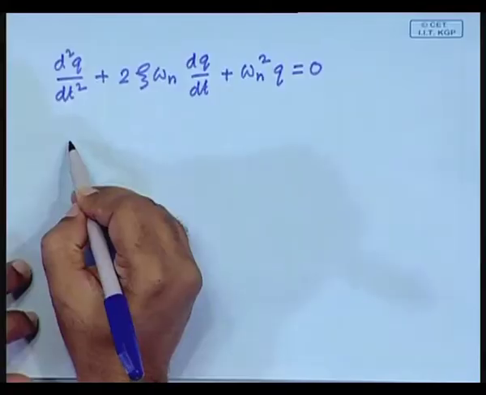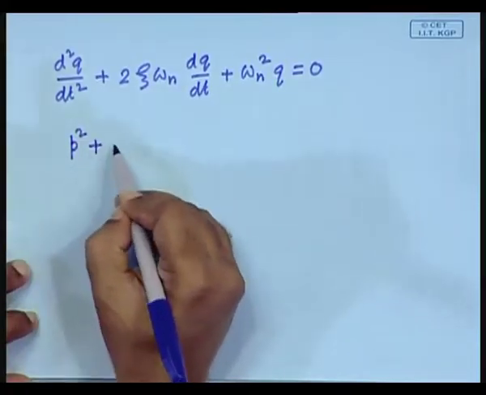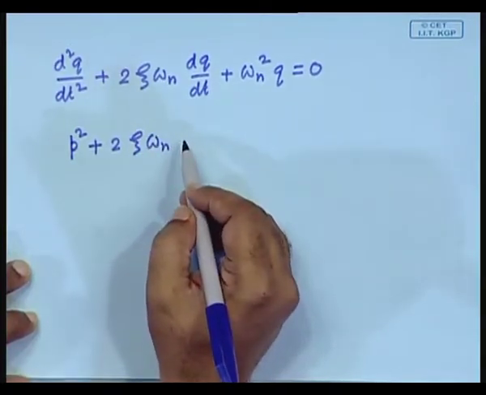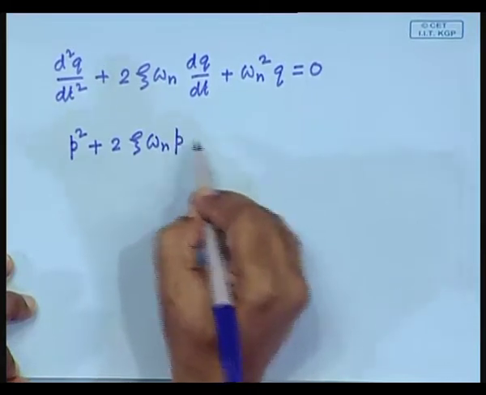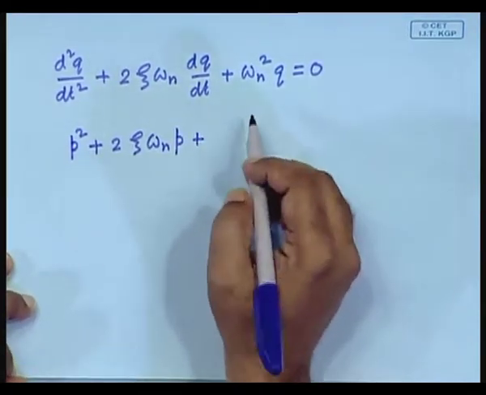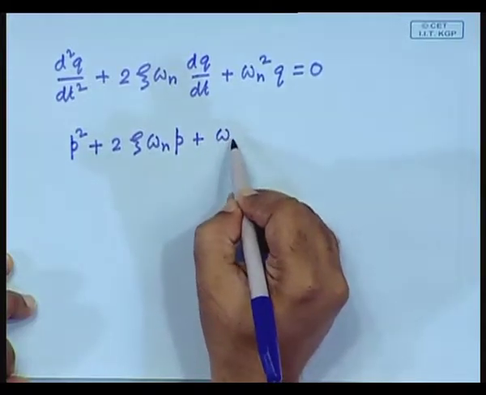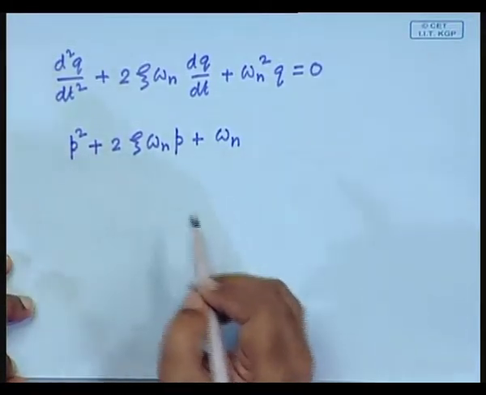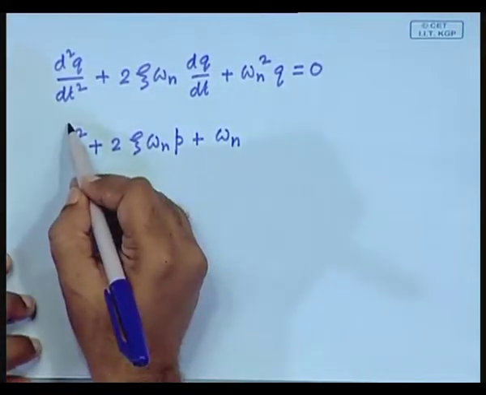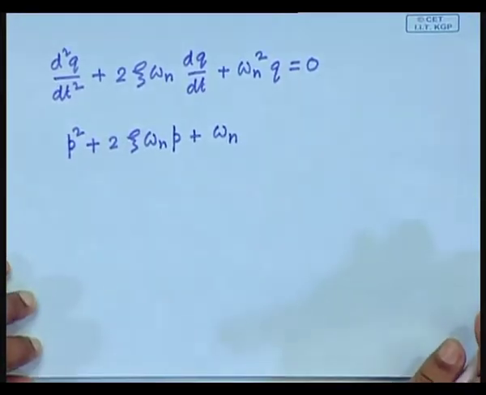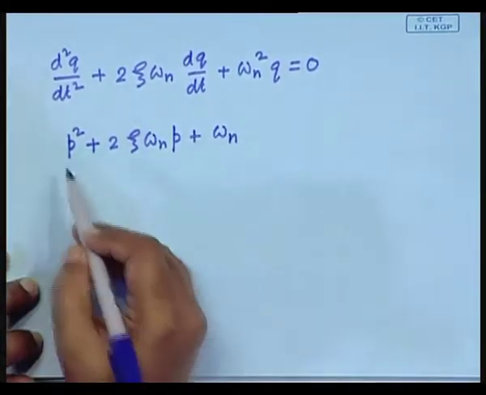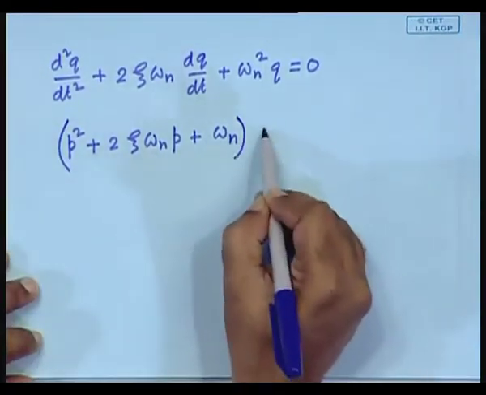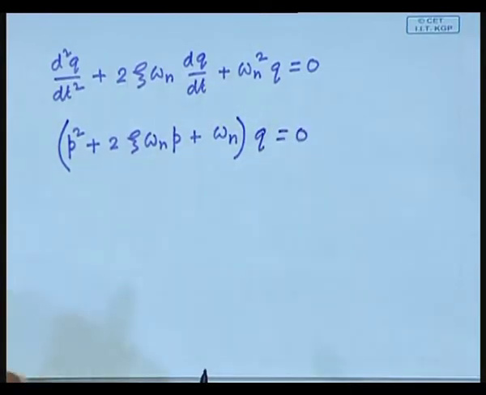So it will be p square plus twice zeta omega n p plus omega n square, acting on q. I am writing it this way.